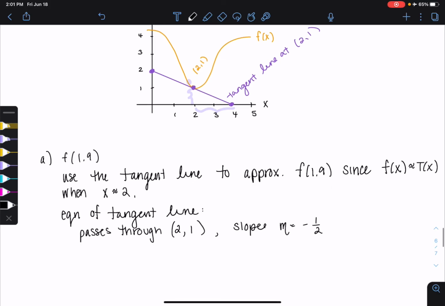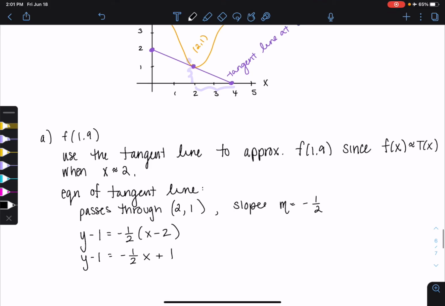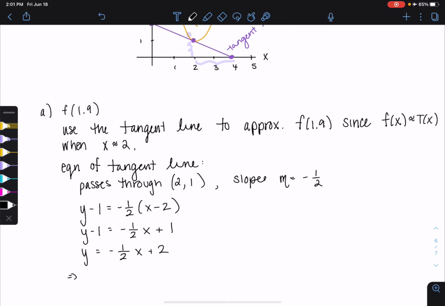Okay. So plugging everything in, y minus the y coordinate is equal to the slope times x minus the x coordinate. So y minus 1 is negative 1/2 x plus 1. Adding 1 over, y is negative 1/2 x plus 2. So roughly, our function is about equal to negative 1/2 x plus 2.